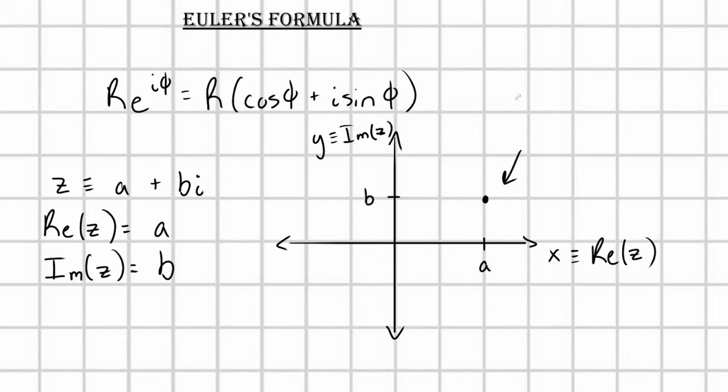This is a graphical representation of a plus bi, where I graphed a and b, or the real component and the imaginary component of my complex number on the complex plane. Hopefully that makes perfect sense.